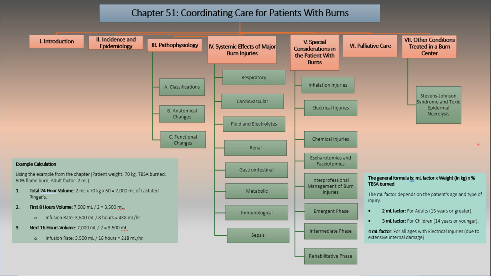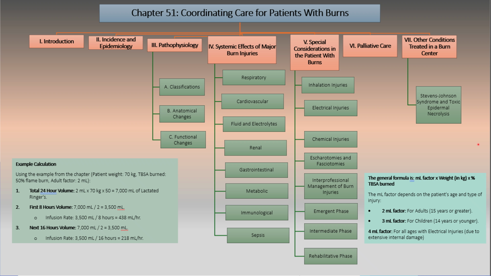Open blisters are also present. Treatment depends on the TBSA involved and the location of the burn. A superficial partial thickness burn typically heals within 2 weeks with no scarring.